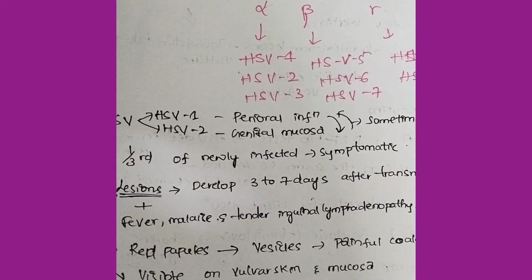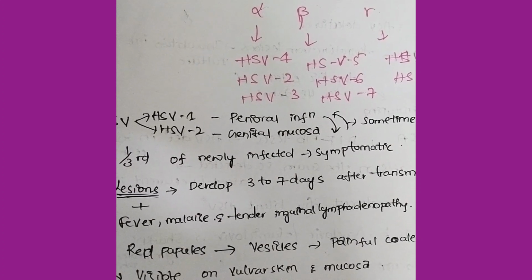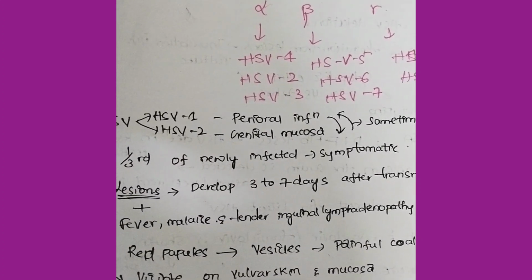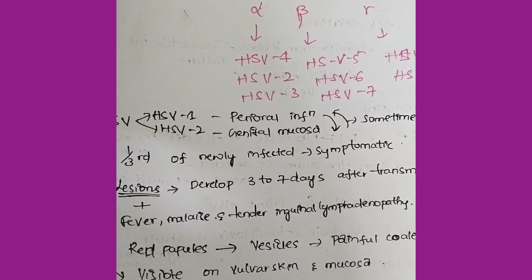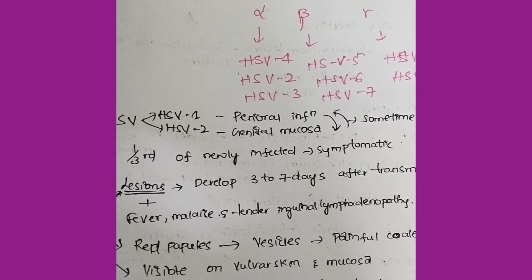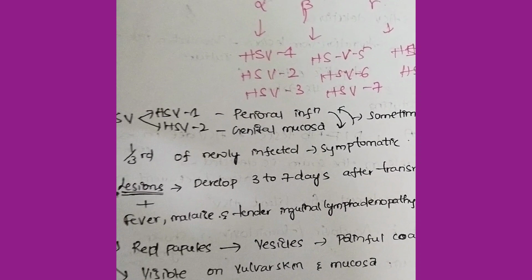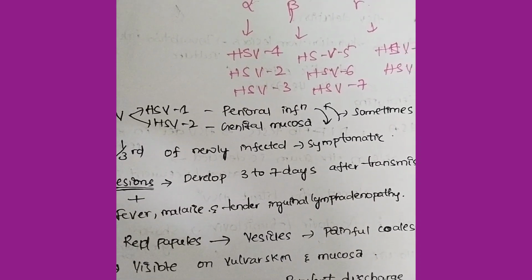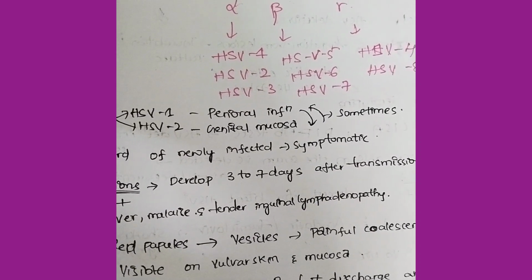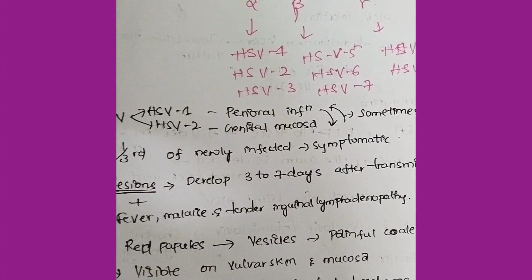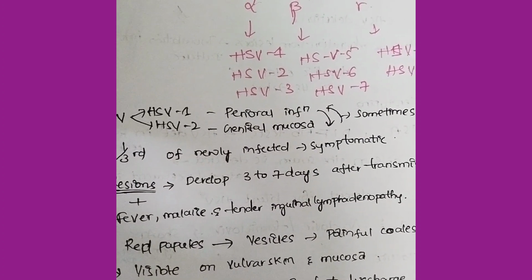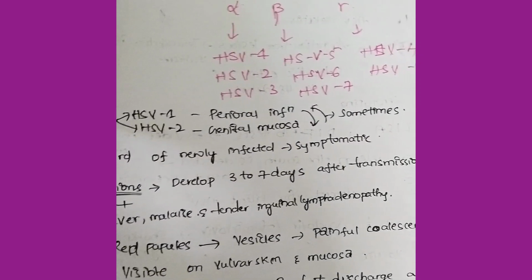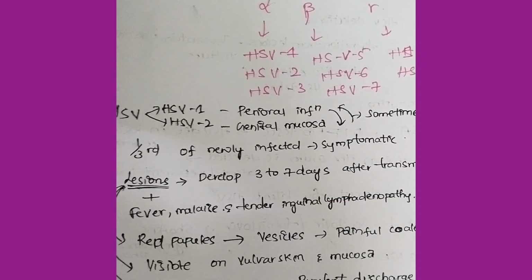One third of newly infected individuals may be symptomatic, so only 1 in every 3 individuals will be symptomatic. Lesions may develop 3 to 7 days after transmission of the virus.